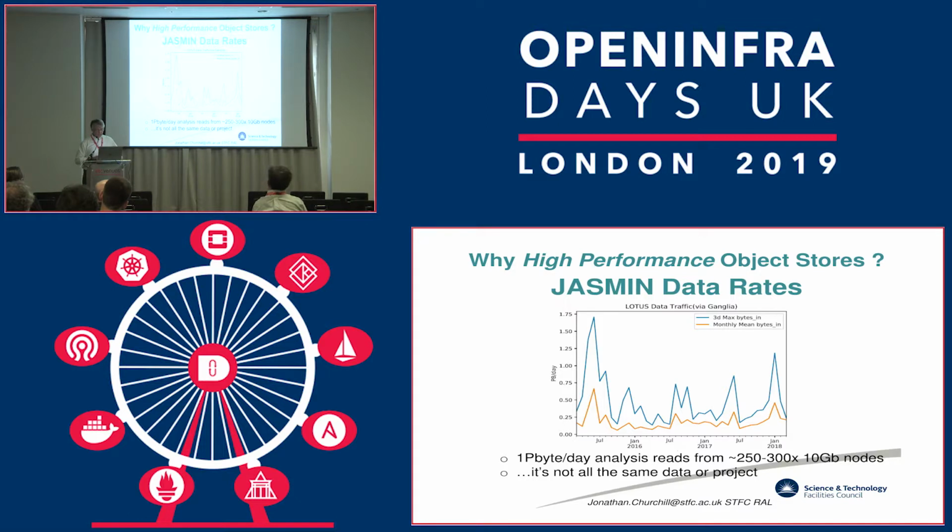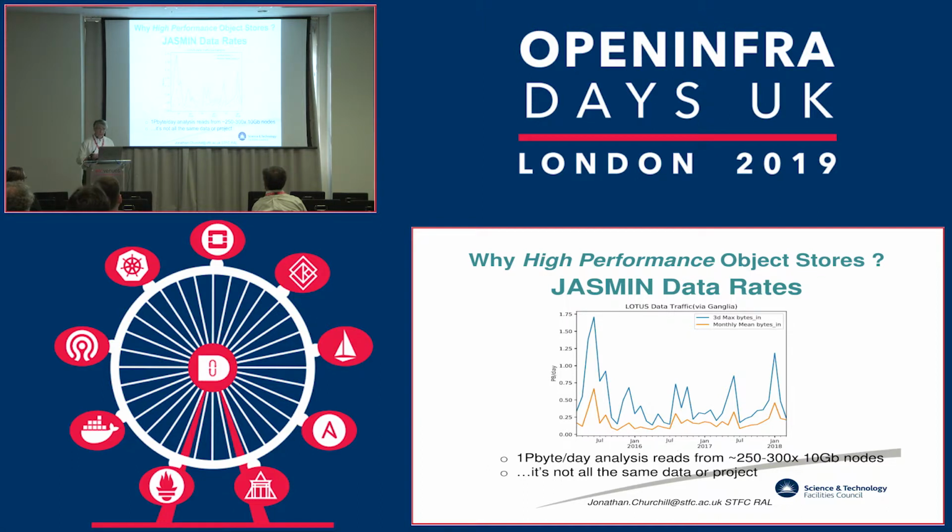We're also reading a lot of that data. So this was taken about a year ago, but you can see this is a smoothed out monthly mean of the amount of data that we're reading through from JASMIN. It's not unusual to be reading a petabyte of data a day on a lot of days in big spikes. As I said, we have about 250 to 300 10 gigabit nodes in those.